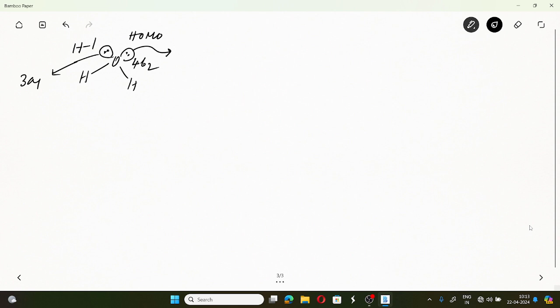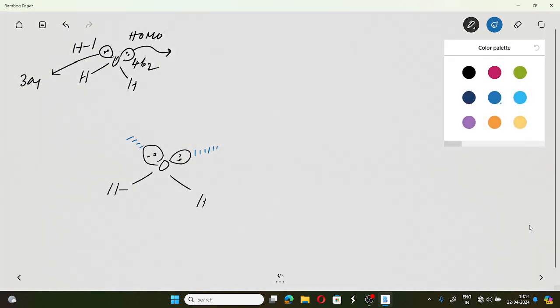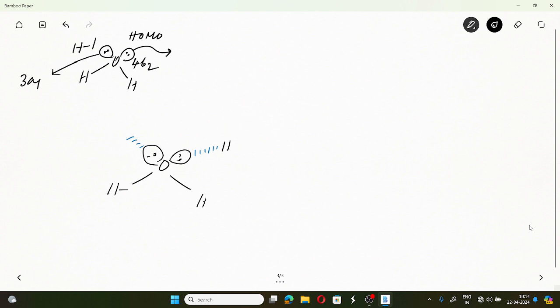But both the lone pairs may be involved in hydrogen bonding. Okay, during the formation of hydrogen bonds, probably you know that both the lone pairs are involved. So it's like this.